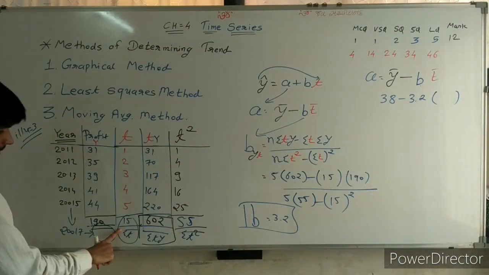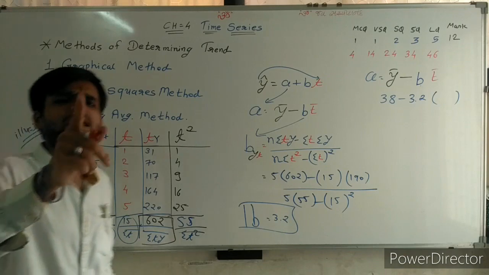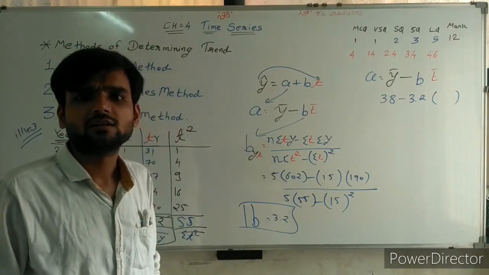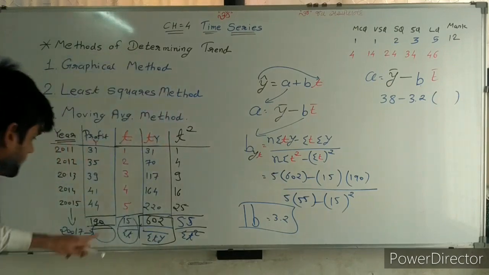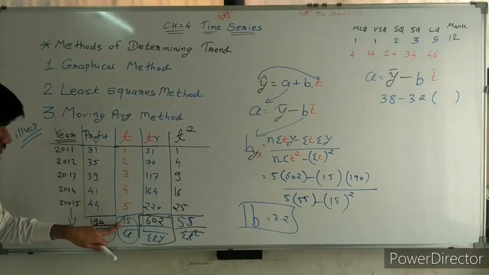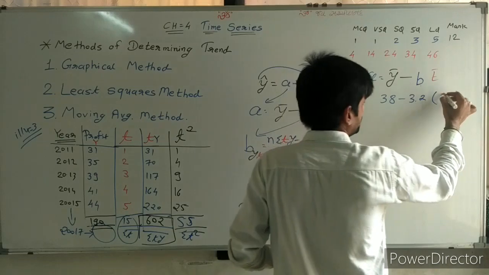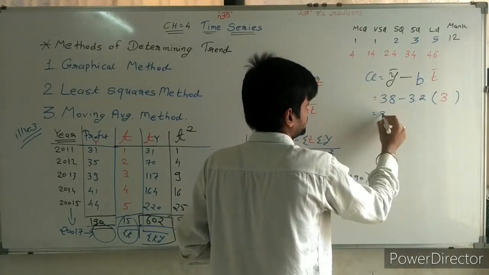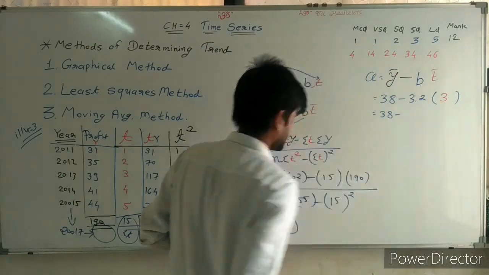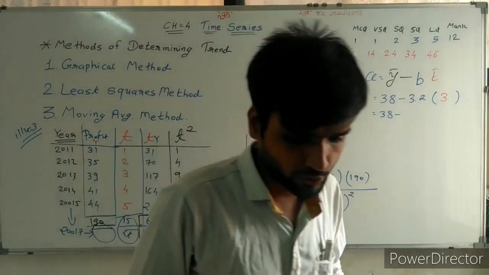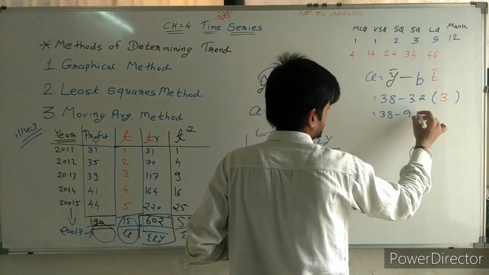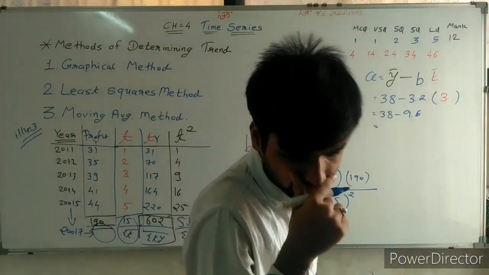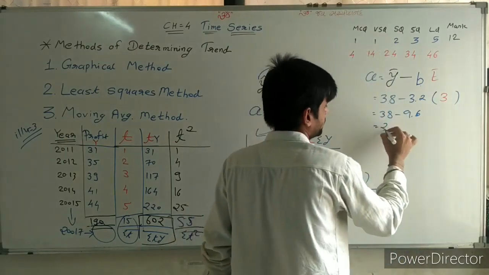T bar is sigma t upon n. If we need to find x bar, then sigma x upon n. Y bar, then sigma y upon n. T bar, then sigma t upon n. So sigma t is 15 upon 5, 3. So t bar is equal to 3. Going ahead, 38 minus 3.2 into 3. So 3.2 into 3, 9.6. 38 minus 9.6, 28.4.